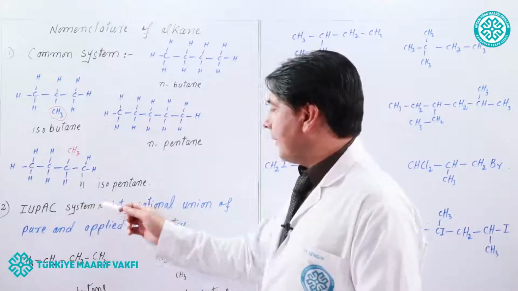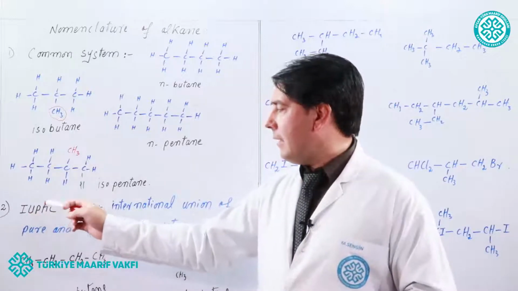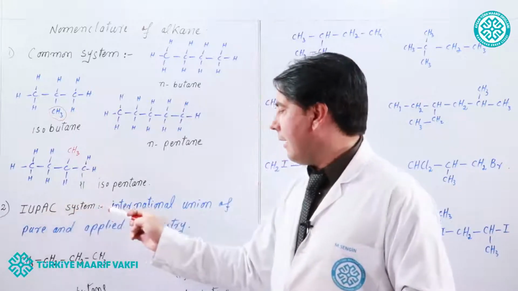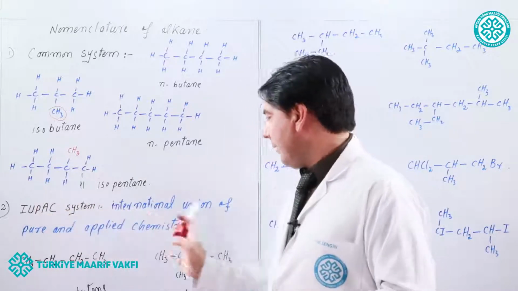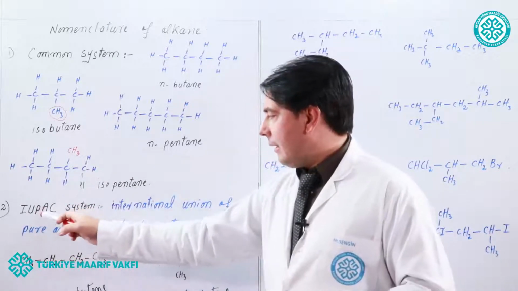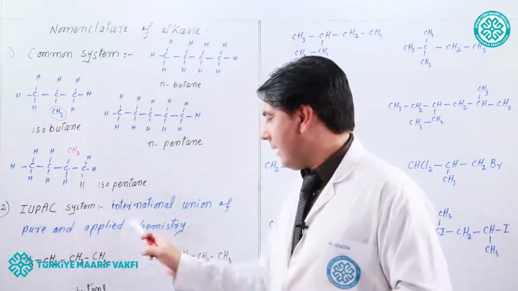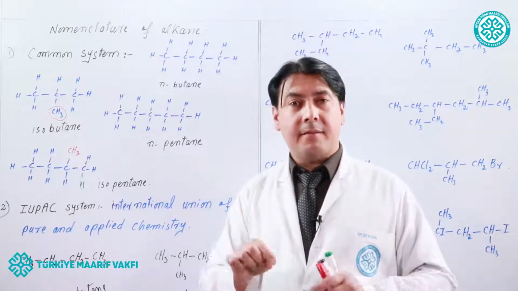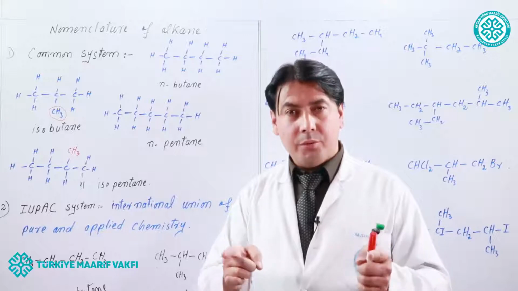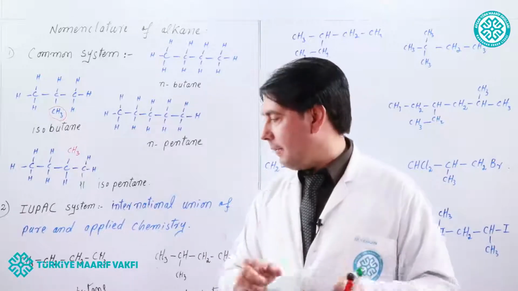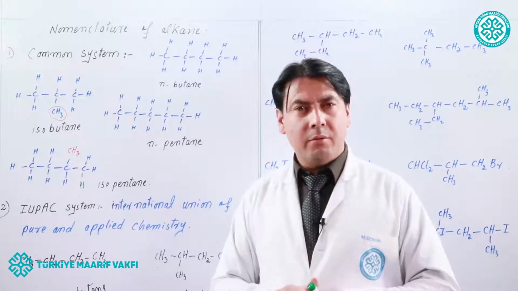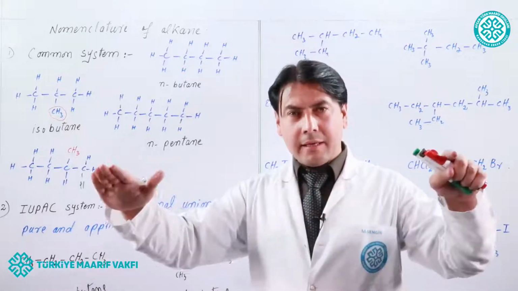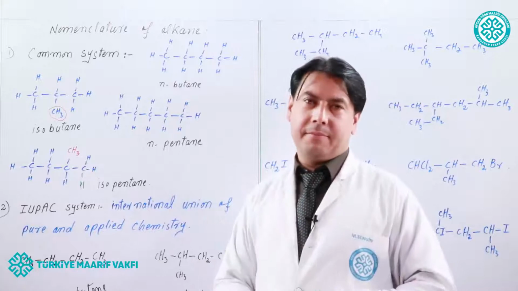The IUPAC system is abbreviated as I for International, U for Union, P for Pure, A for Applied, C for Chemistry. So IUPAC, International Union of Pure and Applied Chemistry. According to this system, first we have to select the longest chain of carbon atoms.